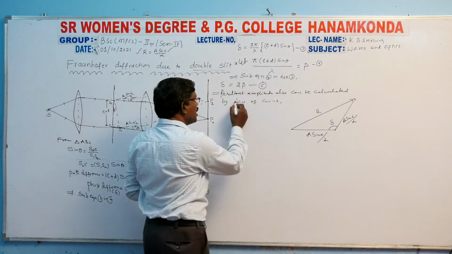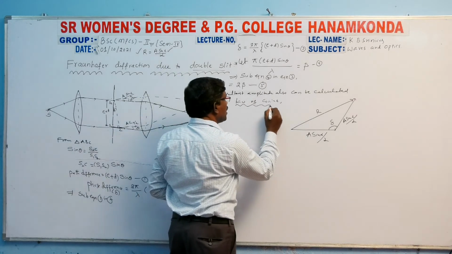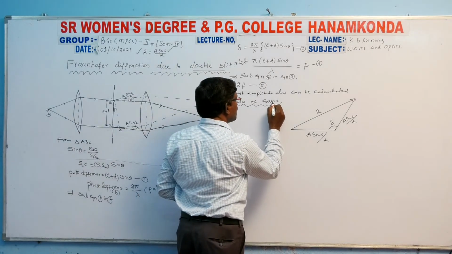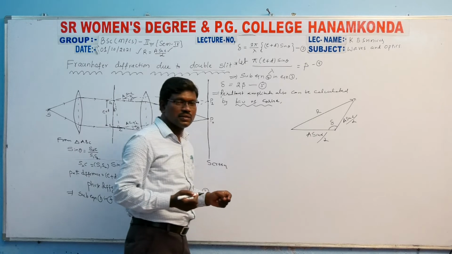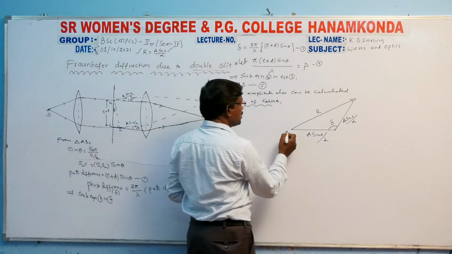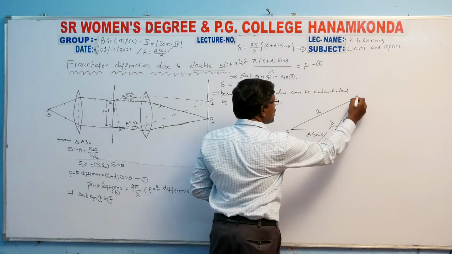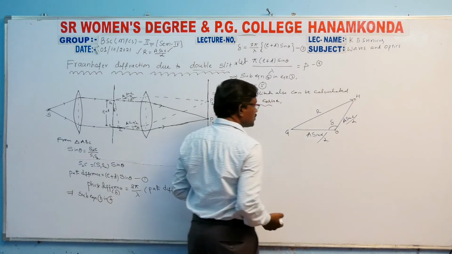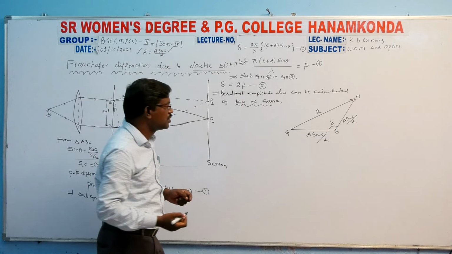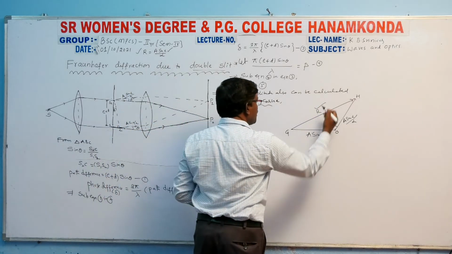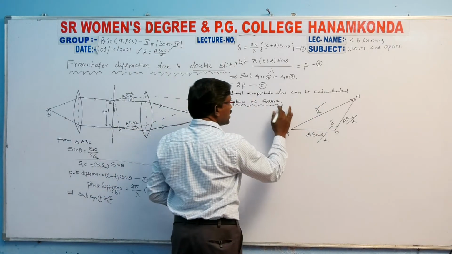Simply I am using law of cosine. Let this triangle be GHO. How do we calculate this resultant amplitude? What is law of cosine?